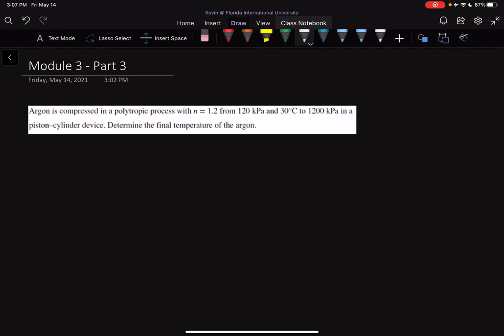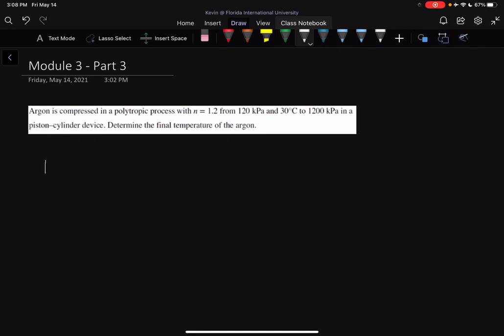So the first problem that we have is written out already. It's also in your handouts, so you can use your handouts or you can follow along this lecture. But we have that argon is compressed in a polytropic process with n equal to 1.2. And we're told that it's compressed from 120 kilopascals and 30 degrees Celsius to 1,200 kilopascals in a piston cylinder device.